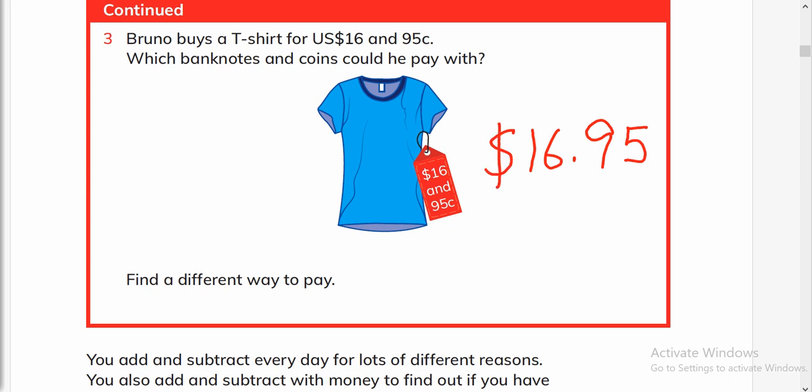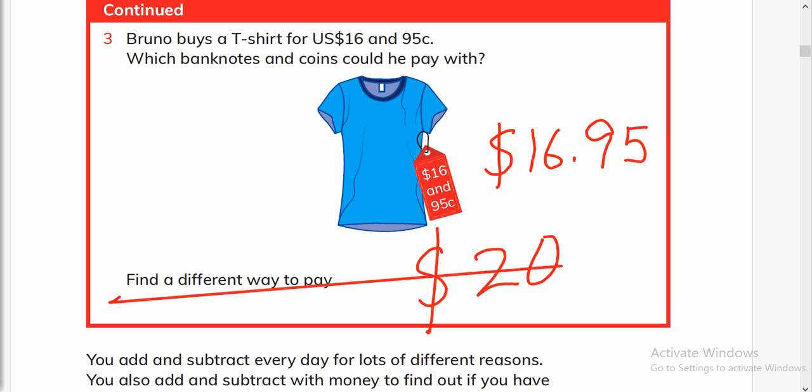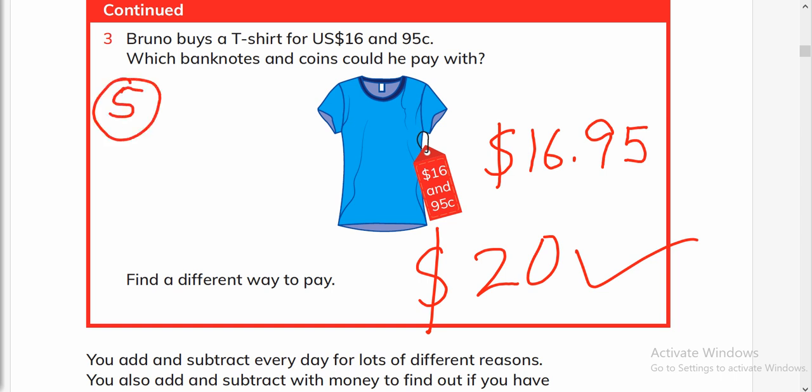Which banknotes and coins would he pay with? He can pay with a $20 note, and will get the change back. Here it is written, find a different way to pay. Okay, if you don't have $20, you can pay with a $5 coin, and again a $5 coin, and again a $5 coin.